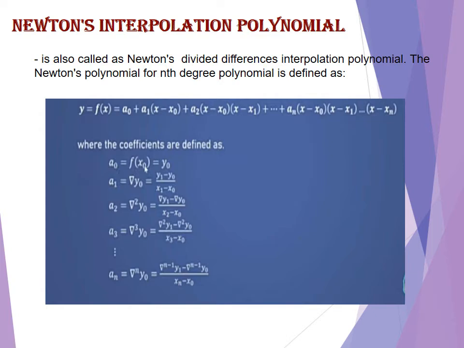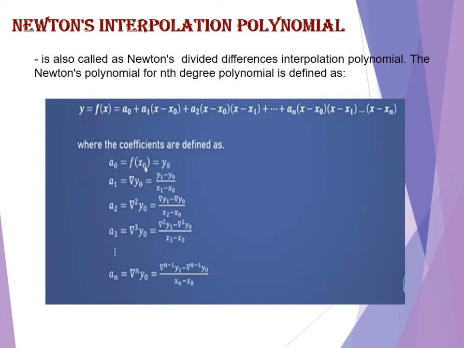A sub 3 equals inverted delta cubed y sub 0 is equals to inverted delta squared y sub 1 minus inverted delta squared y sub 0 over x sub 3 minus x sub 0, so on and so forth.